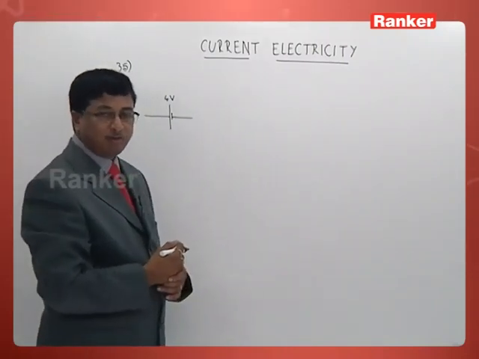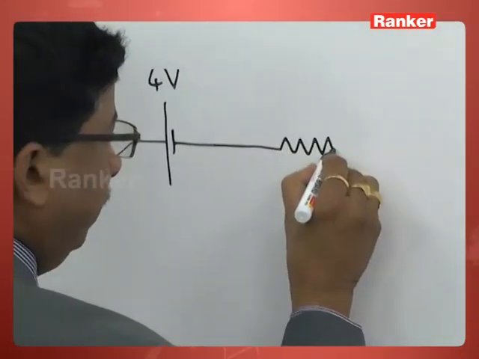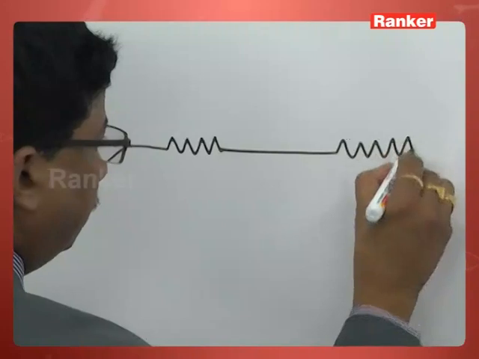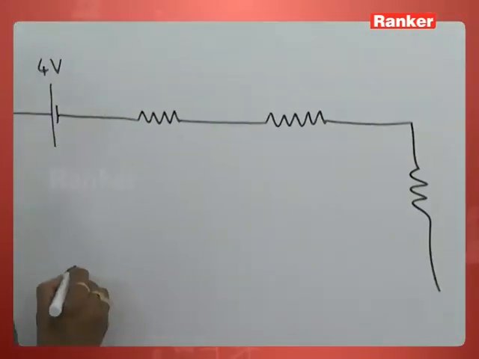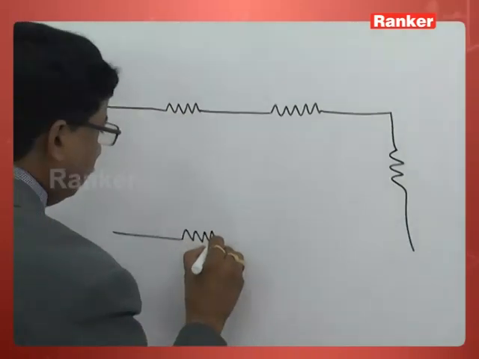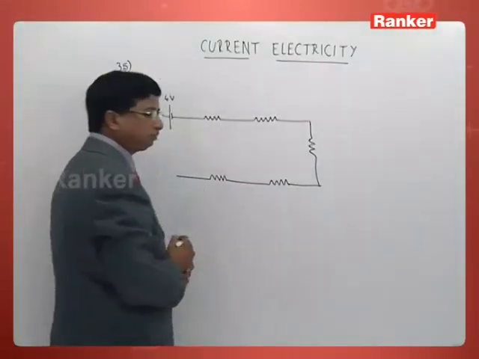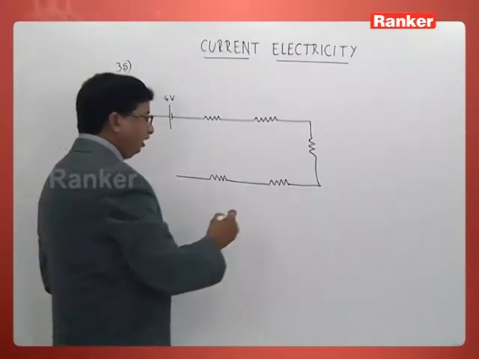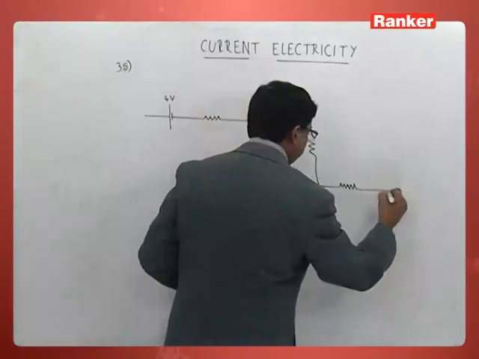In fact, 5 resistors are connected this way. One resistance this way. The second resistance like this. Third resistance this way. Again one more resistance like this. One more resistance like this.